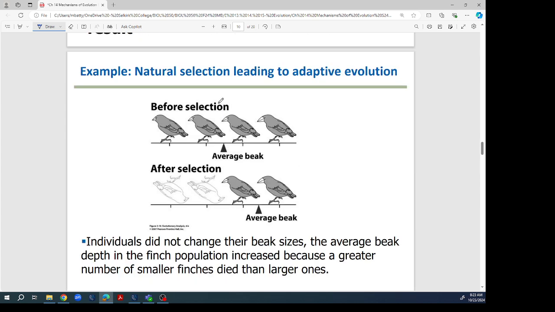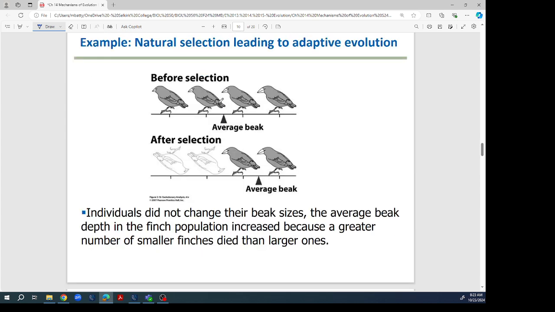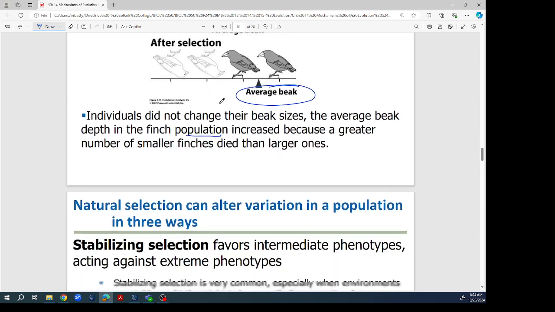This would be an example of natural selection leading to adaptation or adaptive evolution. And so here we can see that there is a selective pressure that's increasing the average beak size. So the individuals don't change their beak size, but the next generation or the population increased their beak size because the number of smaller beaked finches died as opposed to the larger beaked ones.